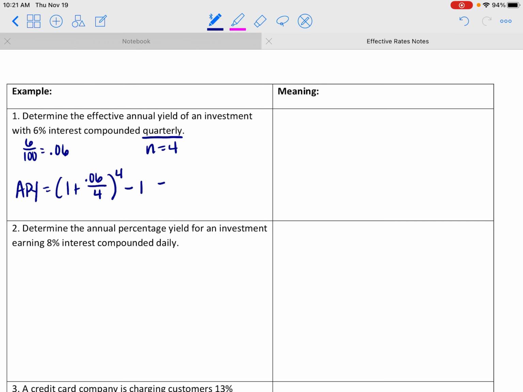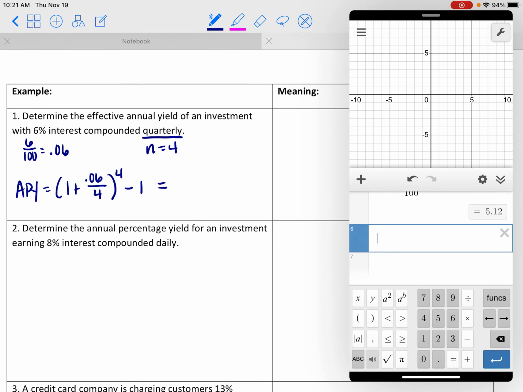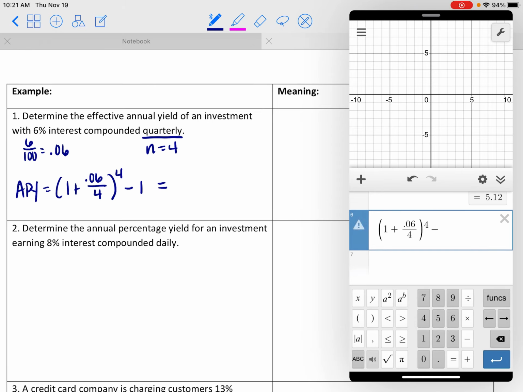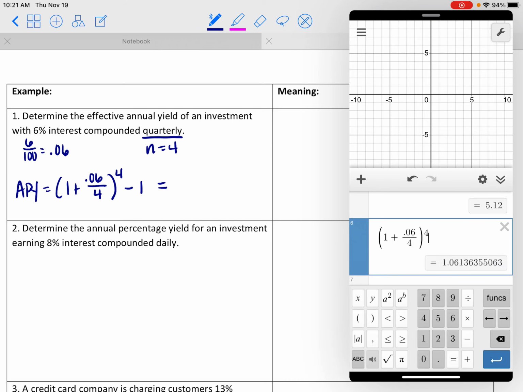Okay, so now we're just going to plug this into our calculator. So we've got 1 plus 0.06 over 4, and then we're going to raise that to the 4th power and subtract 1, because if we don't subtract 1, we're looking at over 100%, which obviously can't be possible.